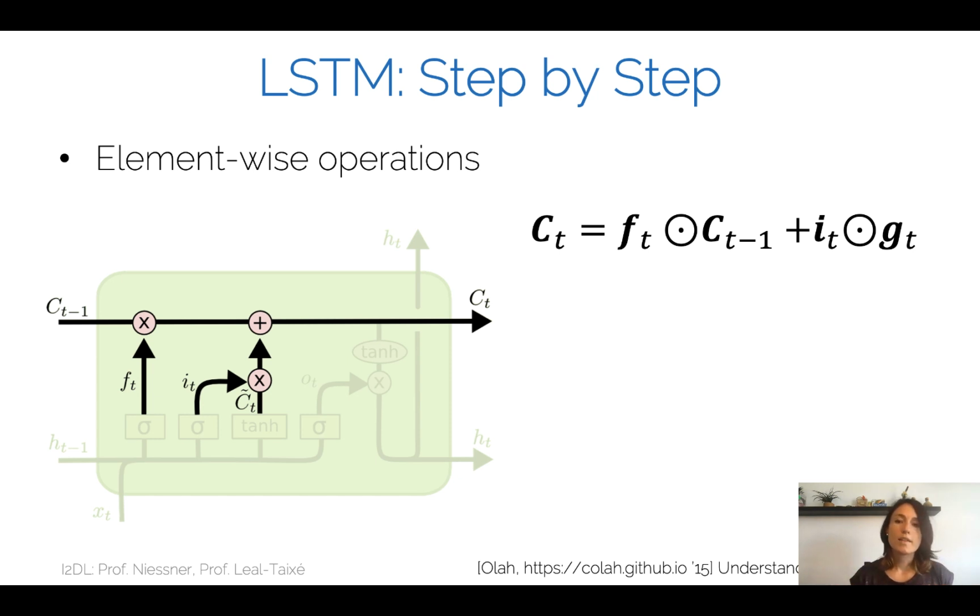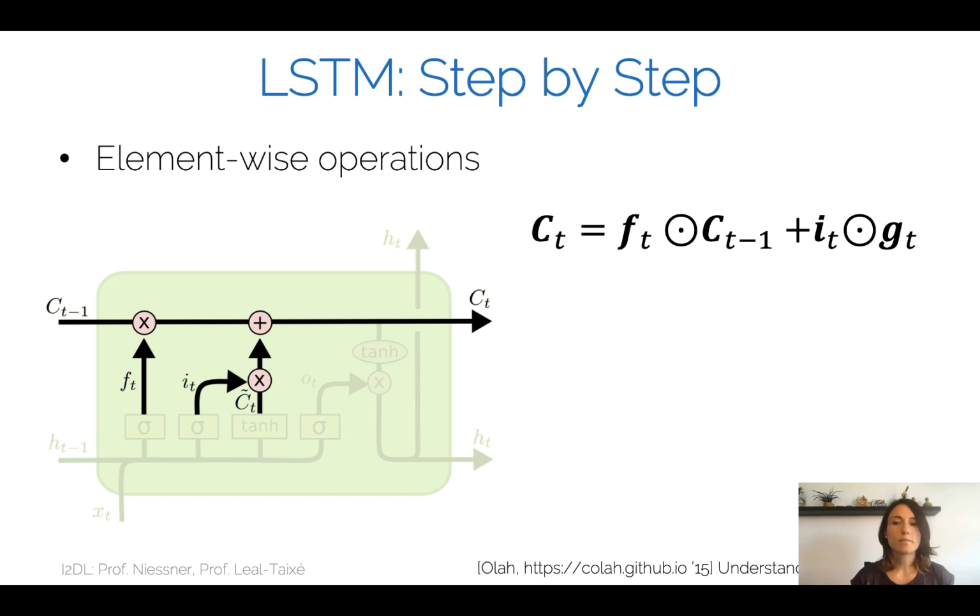And now we can decide to erase that memory with the forget gate by multiplying element-wise with the cell state. So of course we don't need to forget all the elements of the cell state, but maybe some of the elements.